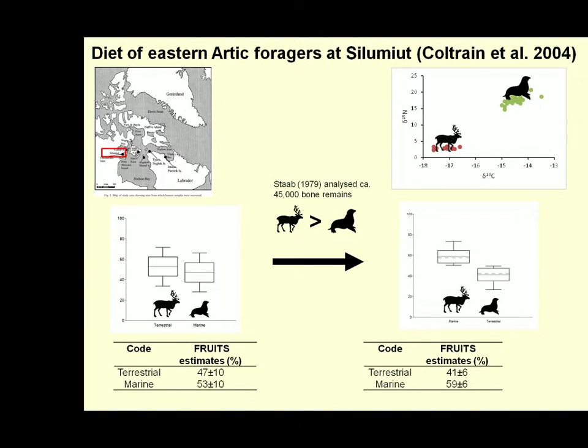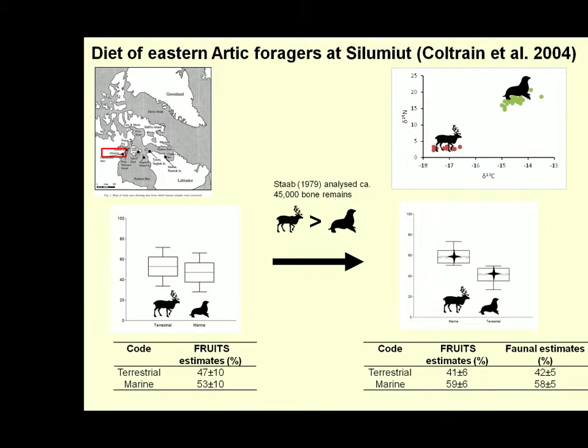And we can actually compare these estimates with a study of the estimated meat provided by each of these groups of mammals, also looking into the faunal remains. These estimates are represented by the stars, and as you can see, there's an excellent agreement between the fruits-generated estimates and those generated from the study of the faunal remains.